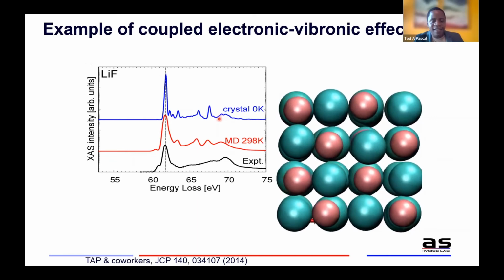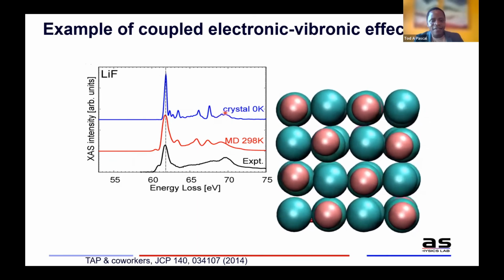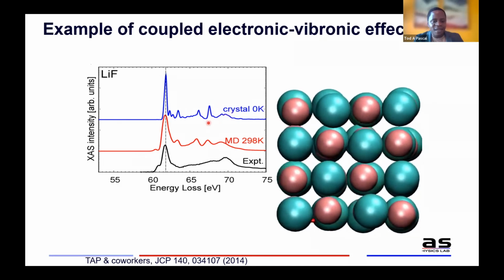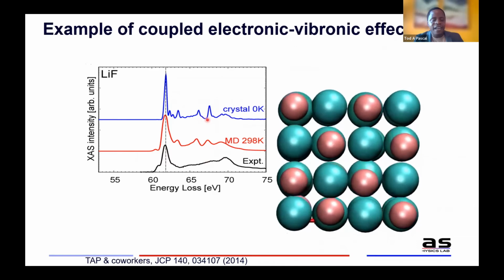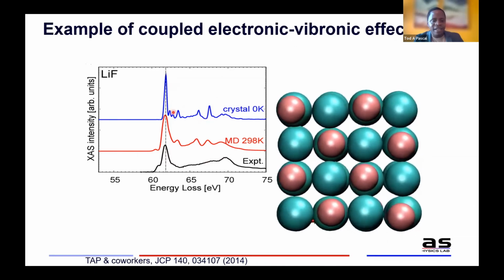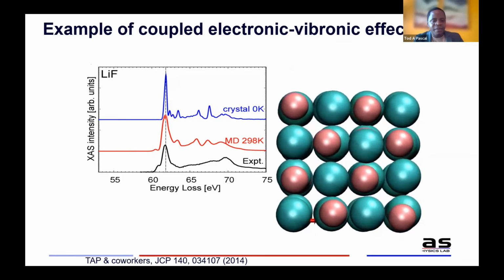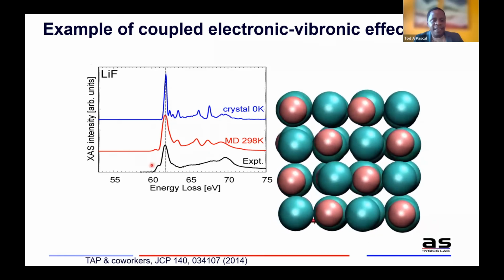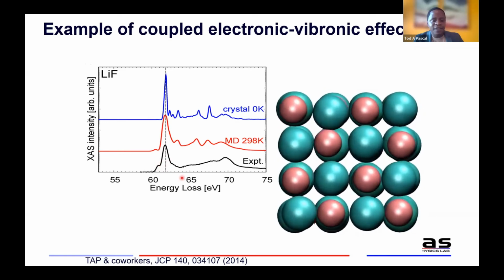In my very scientific way, I would say we start getting these general features. It's a little bit more spiky than the experiment, more well defined, but generally everything is pretty much in the right place. But we are missing this very first peak, this low energy peak that is below the first transition.